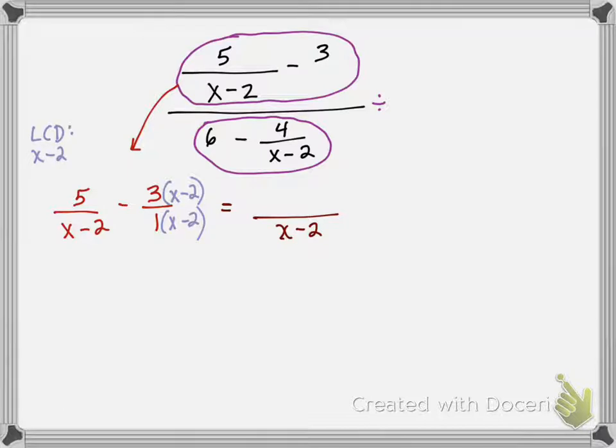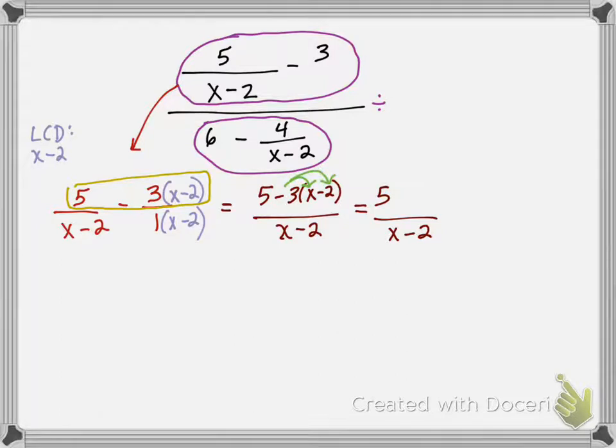And my numerator, let's take a look. I have 5 minus 3 times x minus 2. So let's write that. 5 minus 3 times quantity x minus 2. So we do need to distribute in the numerator. So I would have 5 and then distribute this negative 3 to both terms.